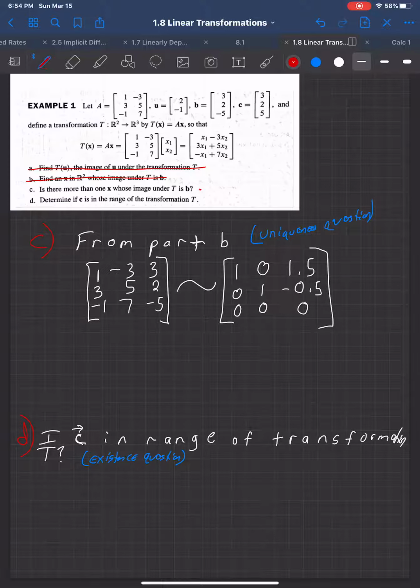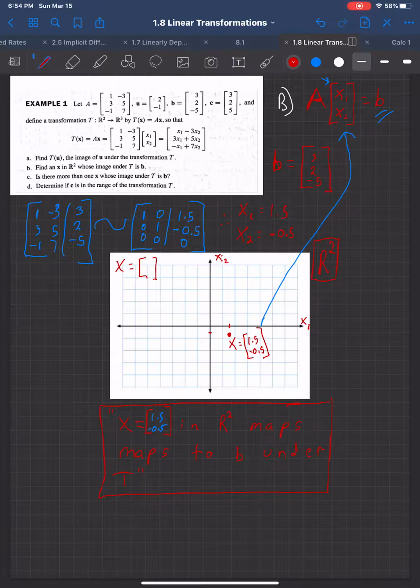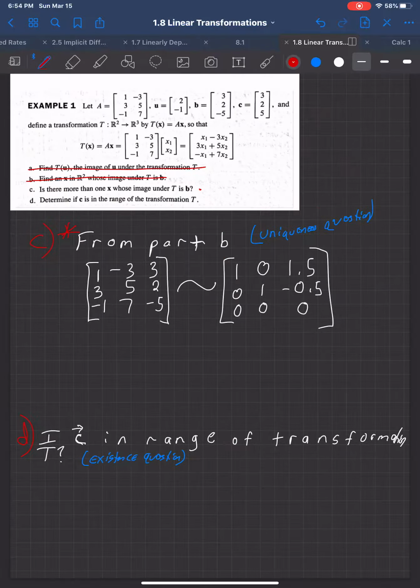What you're seeing here is that I've basically just copied and pasted the matrix after the row reduction, and we're going to use this to answer part C.